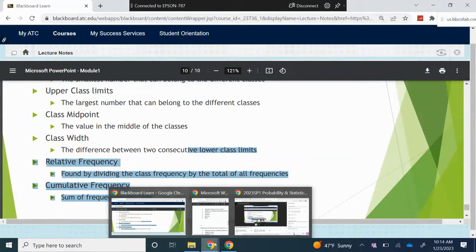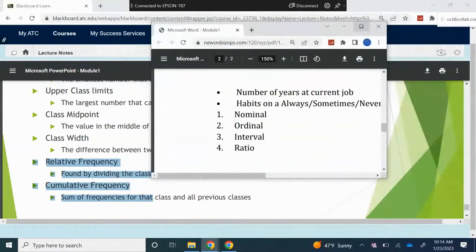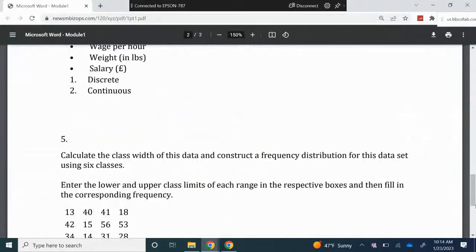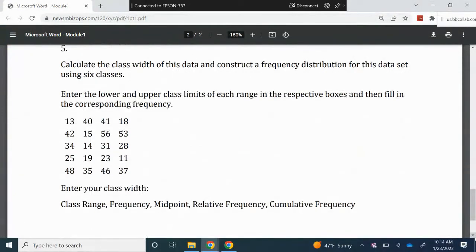So let's take a look at an example. Okay, and it's this last problem. So it says calculate the class width from this data set. Also construct a frequency distribution for the data set using 6 classes.